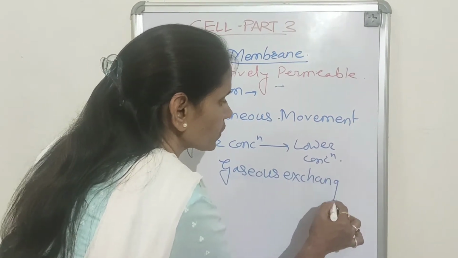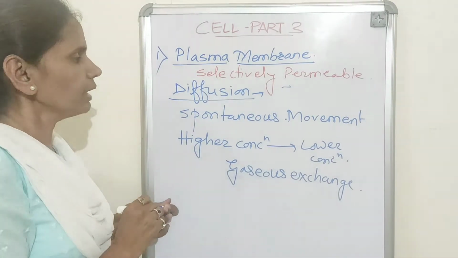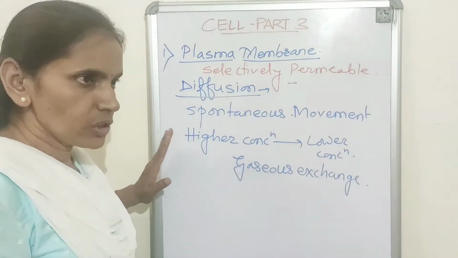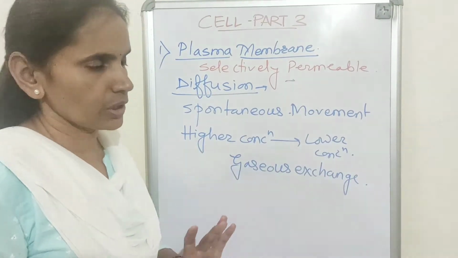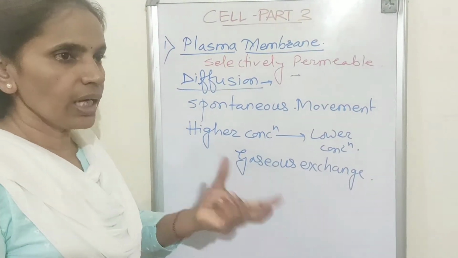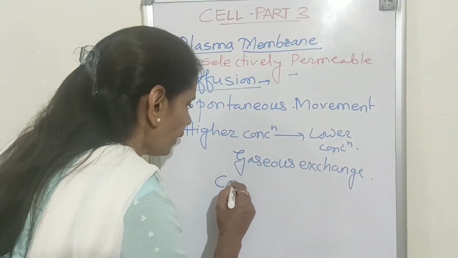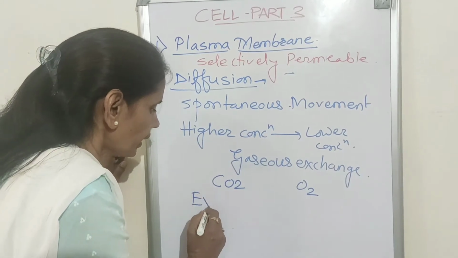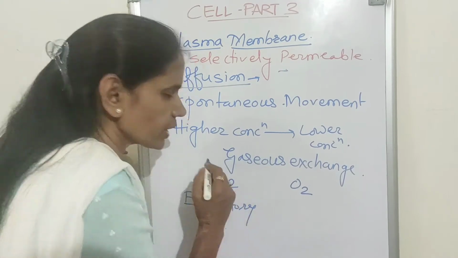So the process of diffusion can be defined as the spontaneous movement of substances from the region of higher concentration to the region of lower concentration. In the case of the cell, there is spontaneous movement of gaseous molecules, for example carbon dioxide and oxygen. Carbon dioxide is the major excretory product of the cell.